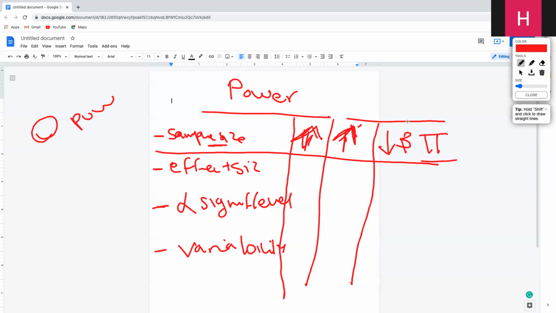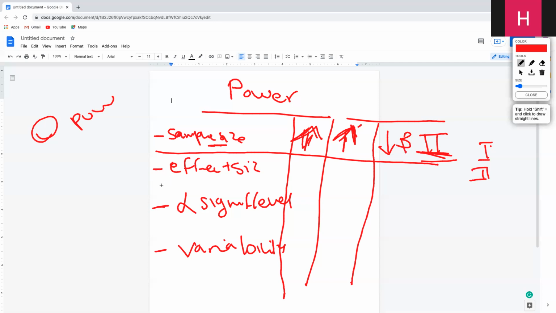So in the answers, you will find either that by increasing the sample size the power of the study will increase, or that by increasing the sample size the beta error or type 2 error will decrease. Usually they give you type 1 error and they give you type 2 error. So whenever you see increasing sample size, pick the type 2 error. It's not type 1, it's type 2 error. What else here?